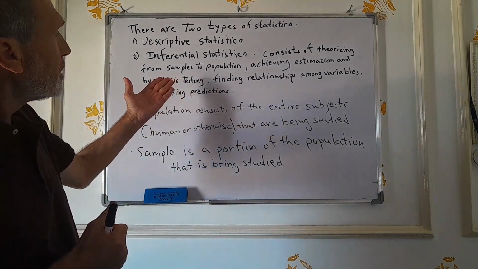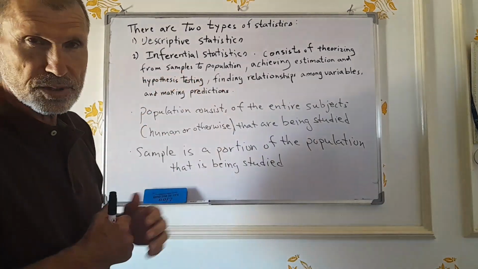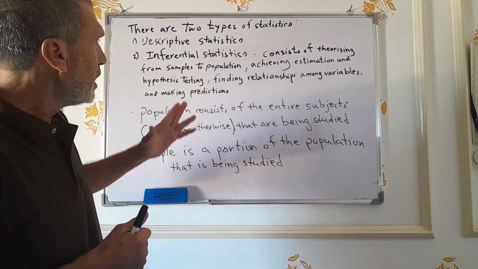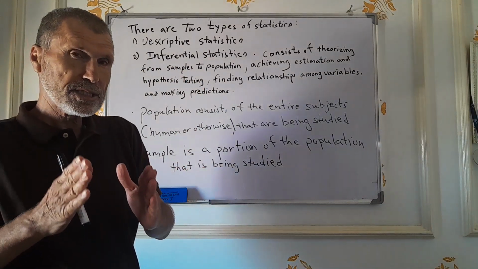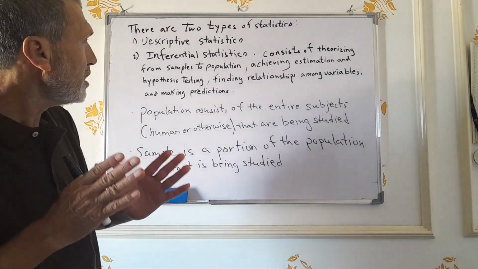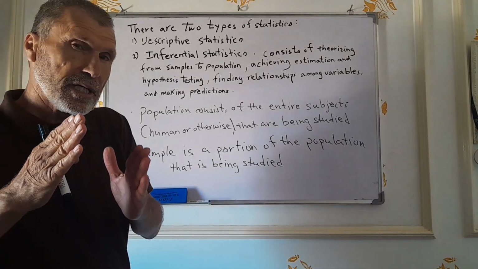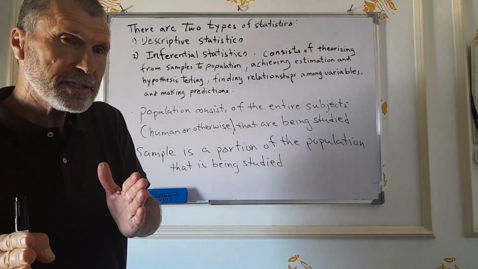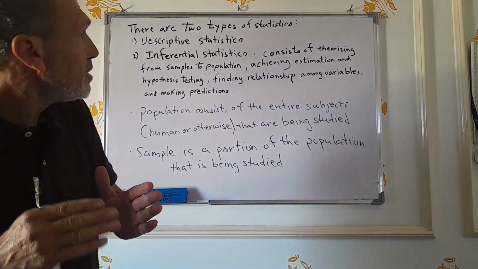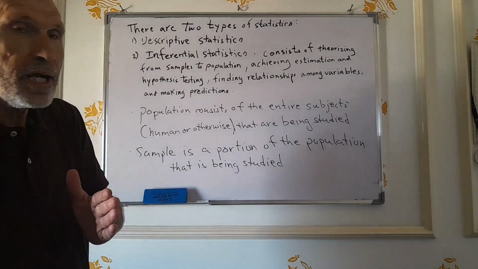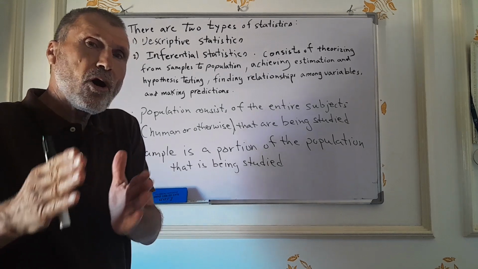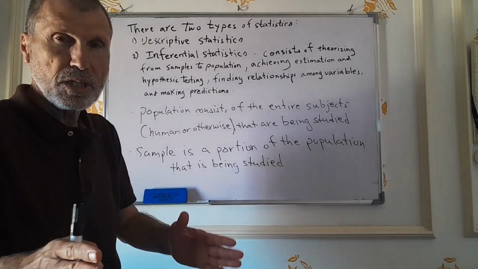Now we have certain important terms that we need to explain. Samples to population. In inferential statistics, a statistician tries to theorize or generalize from samples to population. Of course, a sample is a portion of the population that is being studied.